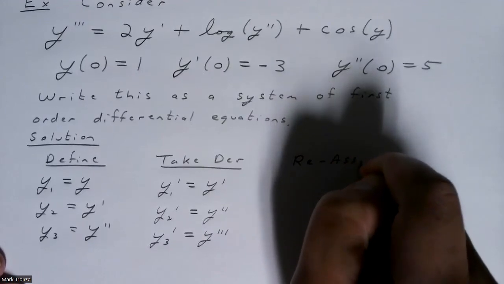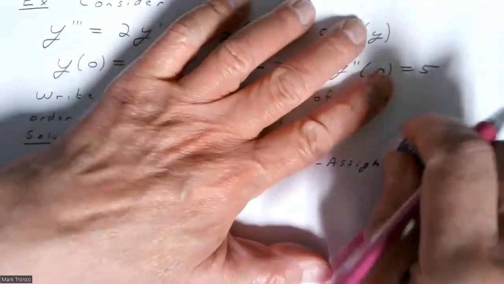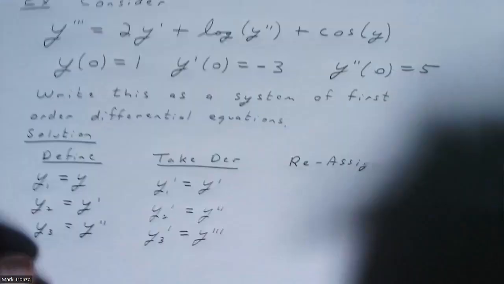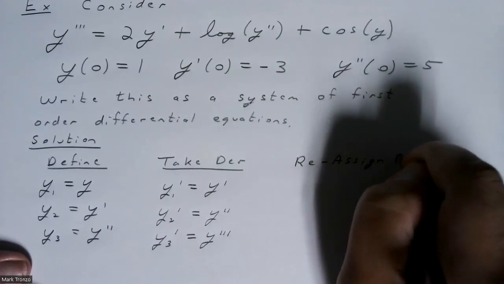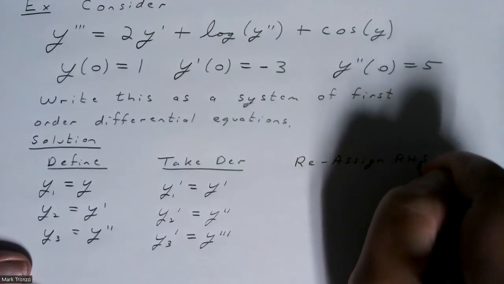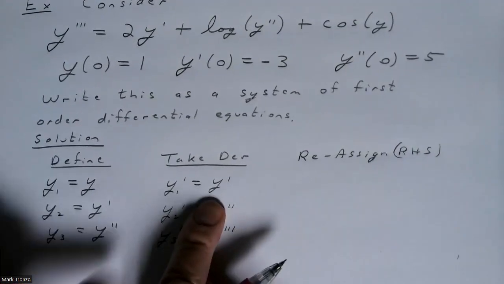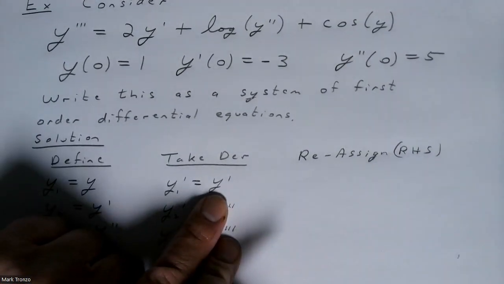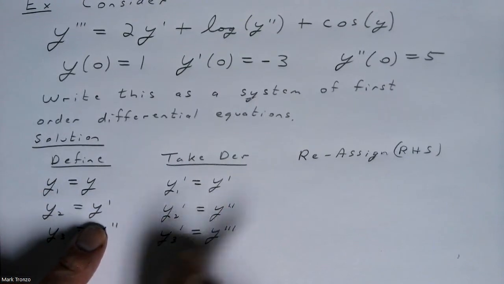And I really should say reassign the right-hand sides of each of these. I'll say it like this, reassign the right-hand side. So in other words, for each of these, we want to replace this with something over here.